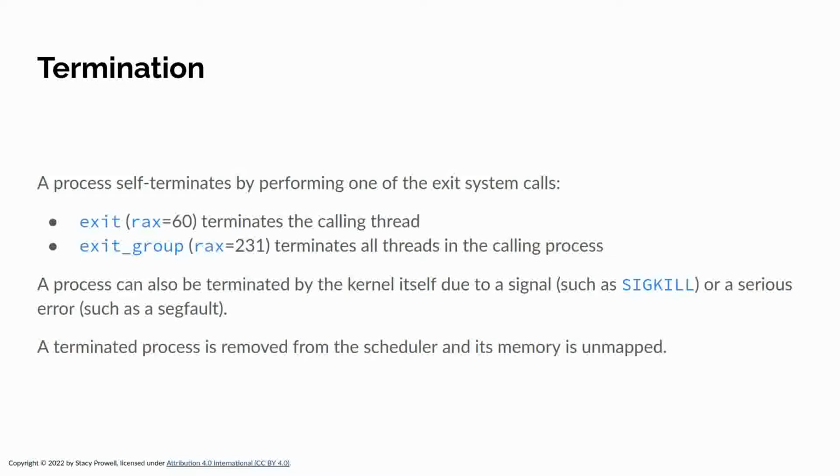I am going to go ahead and kill this process. The way that a process gets terminated is the kernel removes its entry from the scheduler, so it just isn't going to run anymore. Then it unmaps the memory. It deletes all the memory mapping for the program, and it's just gone. Like it was never there. So that's how your process starts up, and that's how it ends. It ends with exit. Pretty simple stuff.